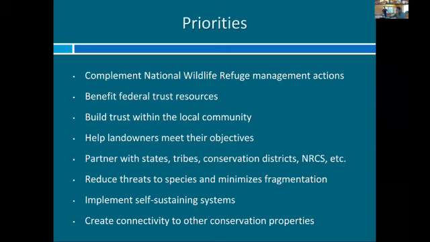That's not to say that is an absolute criteria, because a lot of you are working in landscapes where you don't have a wildlife refuge, and that's fine, because you're benefiting federal trust resources. Building trust within the local community is huge, especially for me. Being a part of the community is absolutely necessary to implement this conservation within our landscapes.